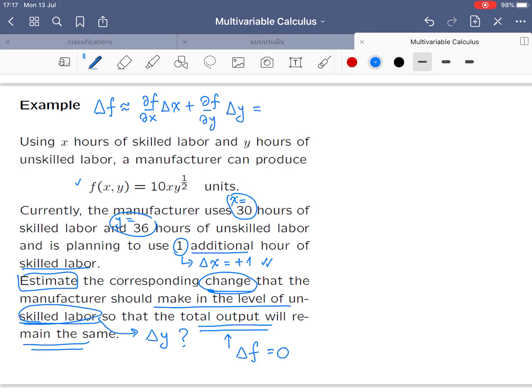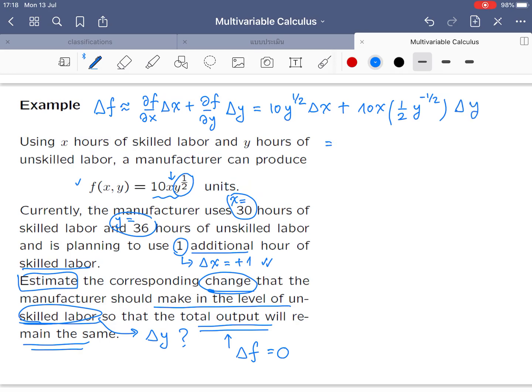Let's find the derivative of this function with respect to x. You got 10y to the 1/2, and the derivative with respect to x is 1, and delta x. How about the derivative with respect to y here? You got 10x, and the derivative of y to the 1/2 is 1/2 y to the negative 1/2, and then delta y.